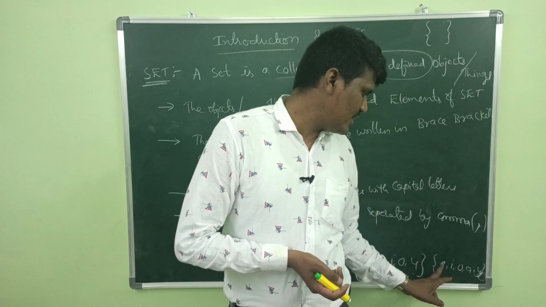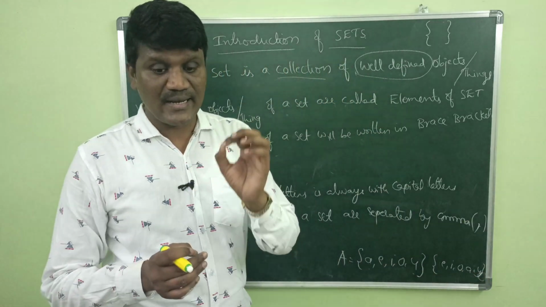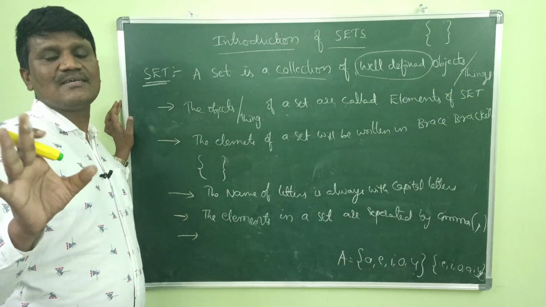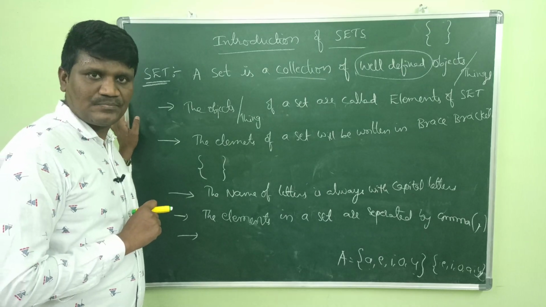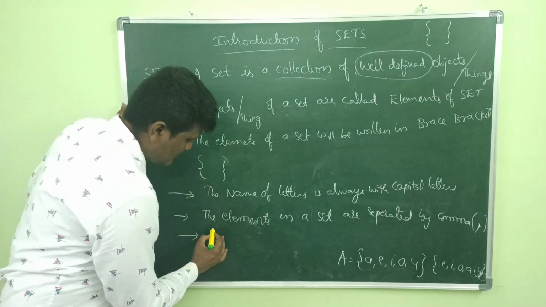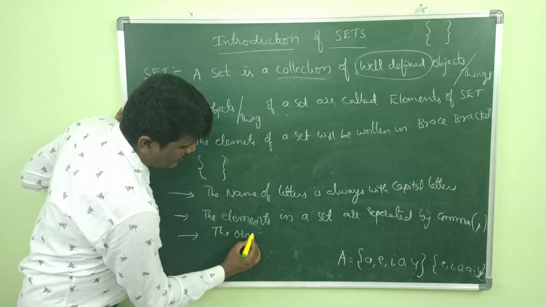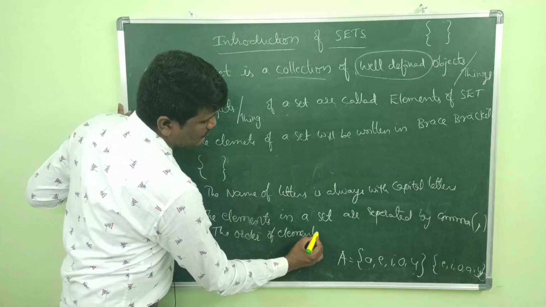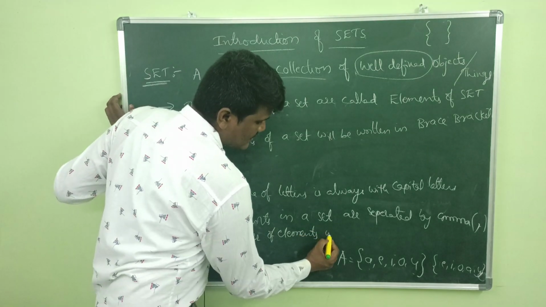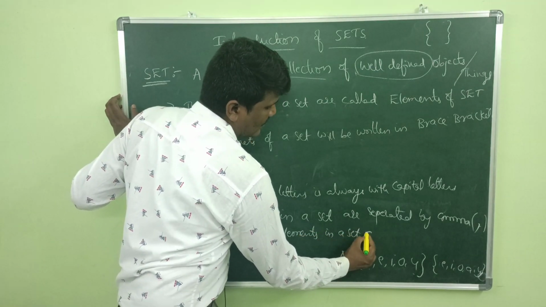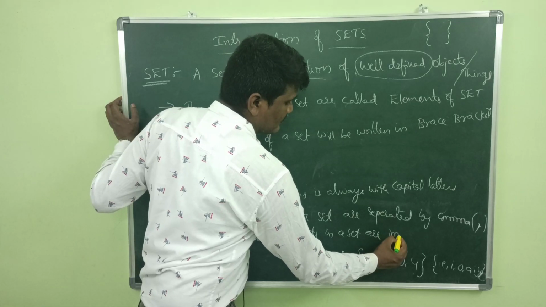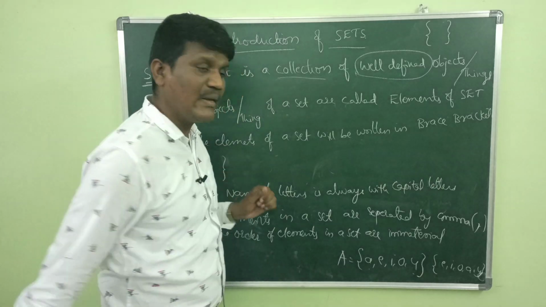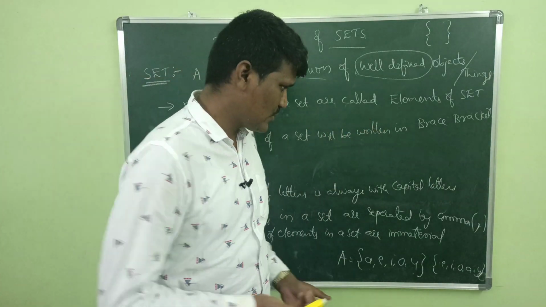Yes, A, E, I, O, U. So the order of elements in a set is immaterial, or not important.